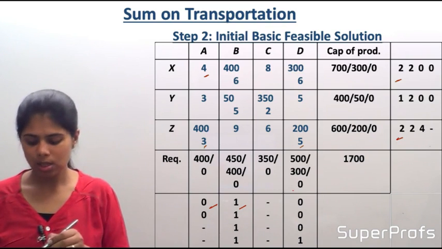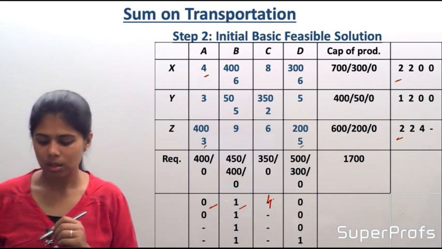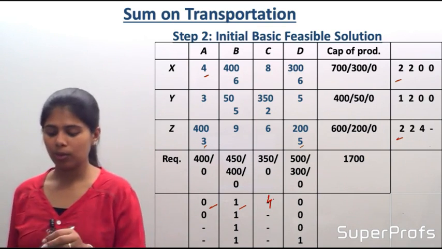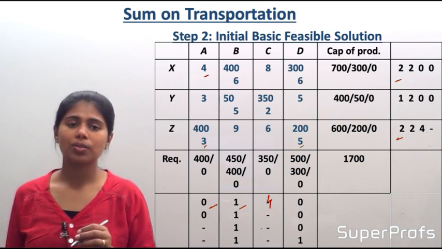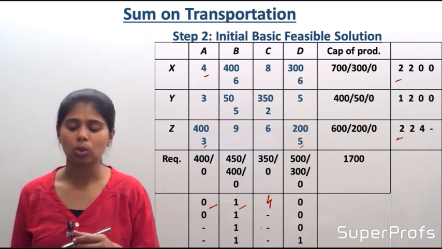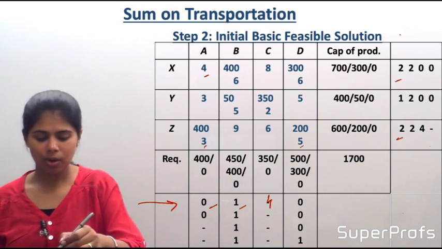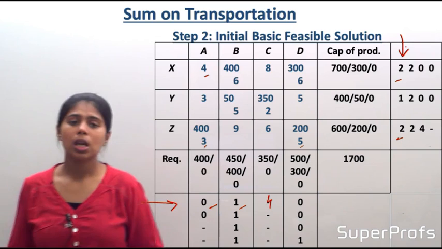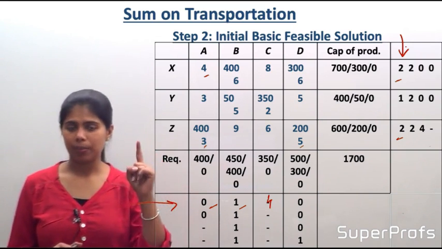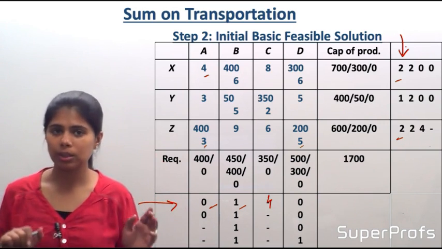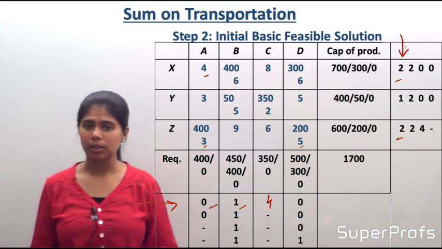The next one is 2 and 6, which is 4, so I write 4 over here. And in the next one after that it is 5 minus 5, which is 0. So the first row of differences and the first column of differences is what I have derived in the first step. I have to find out the differences for each row and column between the smallest number and the second smallest number. That is what I have done here.